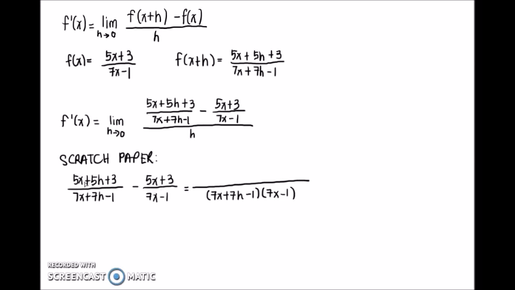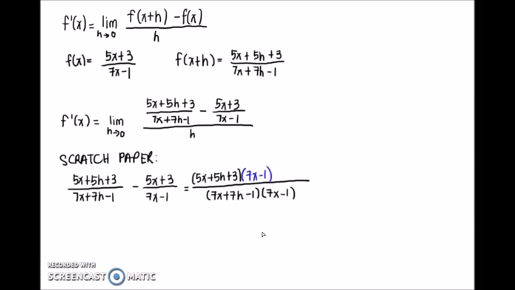So, ibig sabihin, copy ko muna to. That will be 5x plus 5h plus 3. And then, as you could see, wala namang times 7x minus 1. So, what we do is, we multiply it also on the numerator. So, we will have times 7x minus 1.